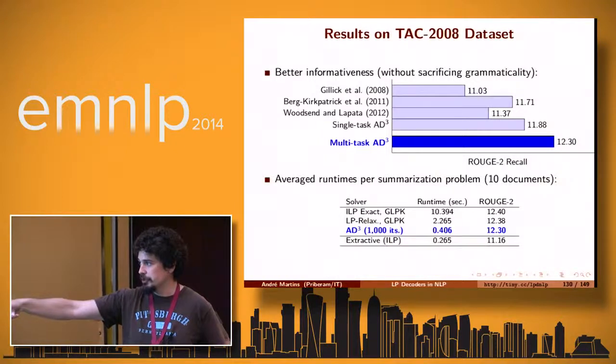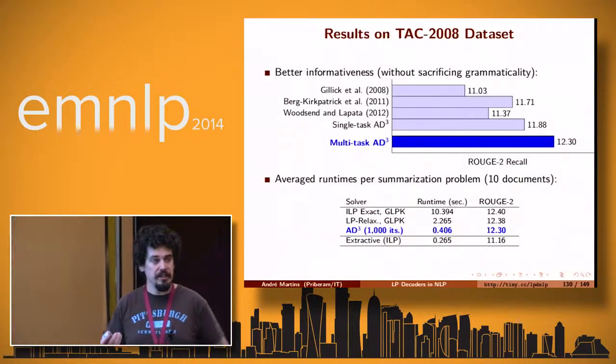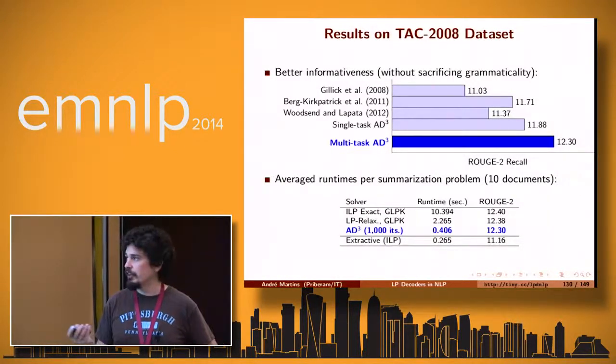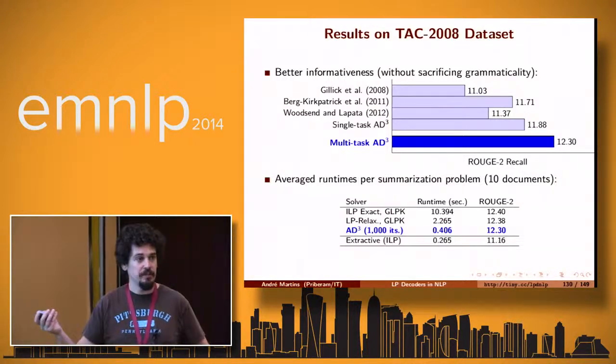There's a difference in terms of ROUGE, but if you look at the grammaticality of the sentences, and we have manual evaluation of grammaticality in the paper, we don't see a very significant difference in quality. So I would say that if you devise a smart enough rounding heuristic, you might be safe, at least for this kind of problem.